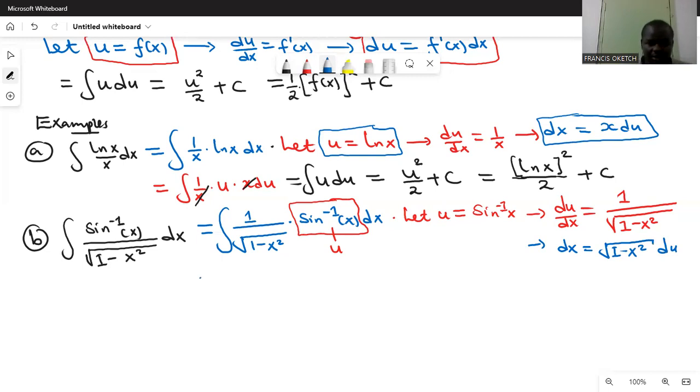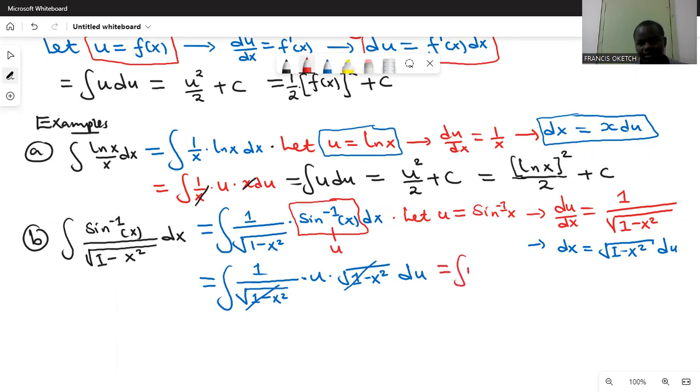So back to our integral, it will now be the integral of 1 over the square root of 1 minus x squared, then there's u, times dx, which is the same as the square root of 1 minus x squared du. And so this square root will cancel with the other square root. So what do you remain with?